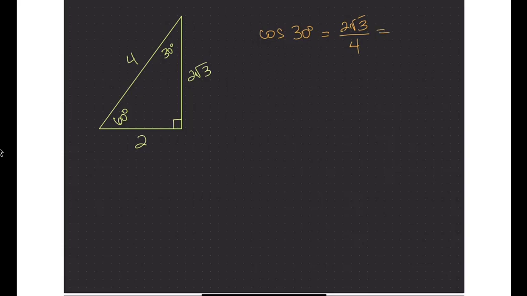I could simplify that down to the square root of 3 over 2, because my whole numbers reduce.